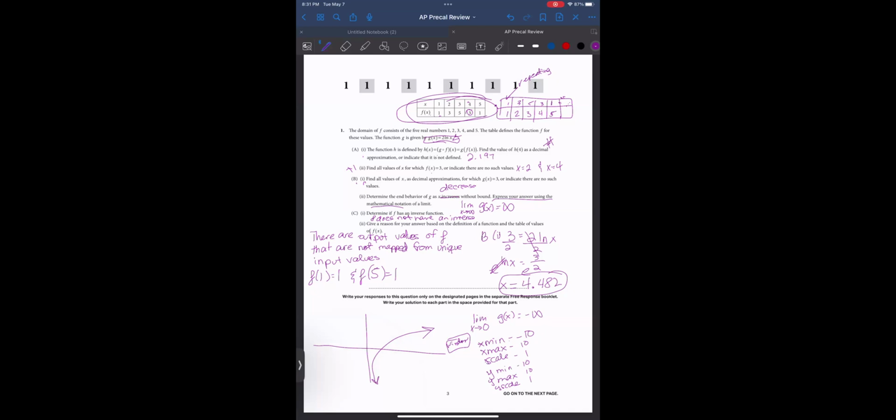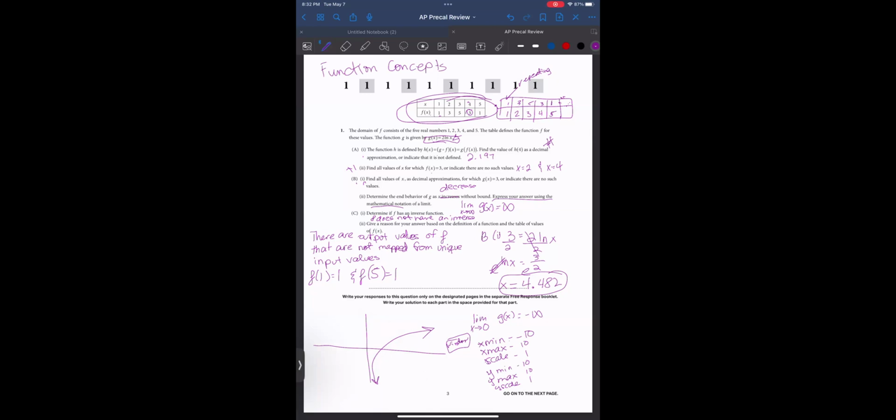So you have 4 types of questions on the FRQ. The first one that we just did is the function concepts, where it uses tabular and analytical representations.